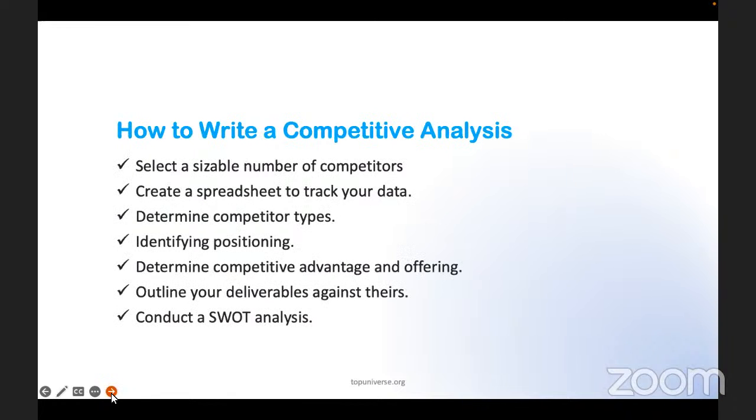Okay, now we look at how to write a competitive analysis. How do you do a competitive analysis? There are different ways, but let's look at it from this approach. You can start by getting a sizable number of competitors. You identify your relevant competitors to include in your analysis.